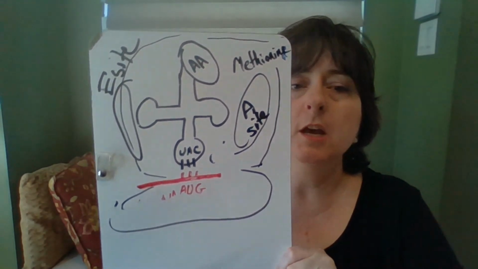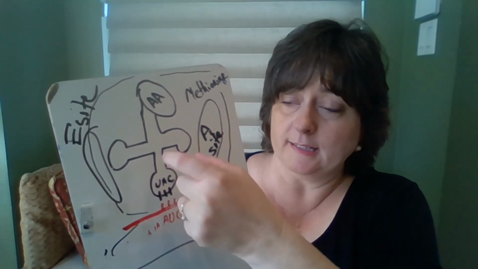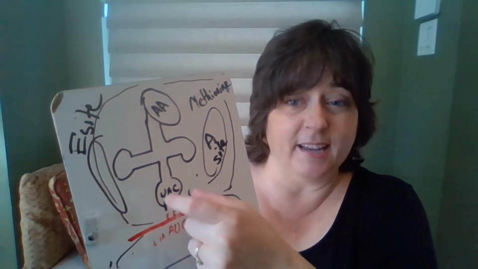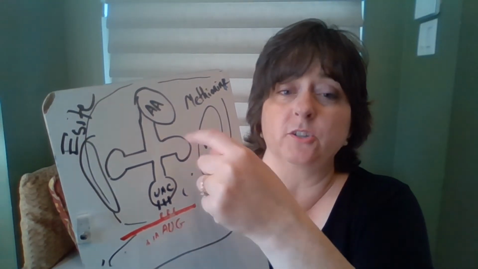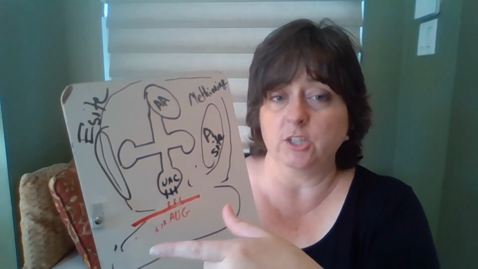And then within this ribosome, there will be the A site and the E site. Too bad I can't draw. So within this ribosome, there will be an A site, the P site, and then the E site. And the methionine is the only one that starts in the middle, in that P site, and that's for the initiation complex.